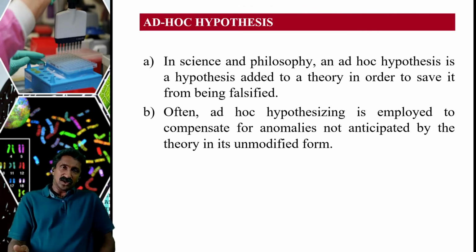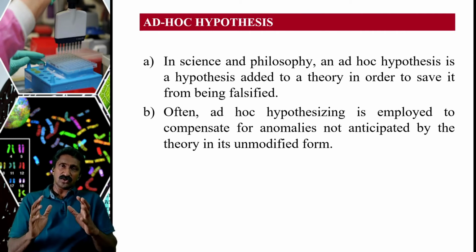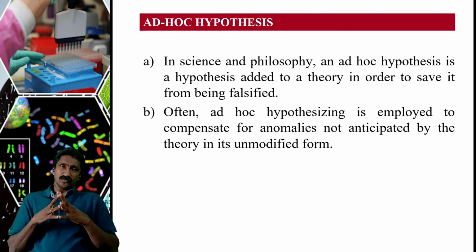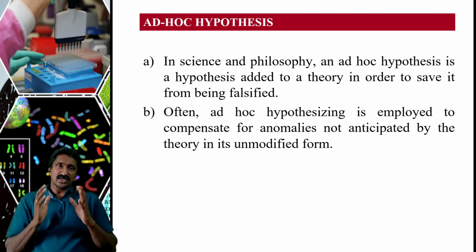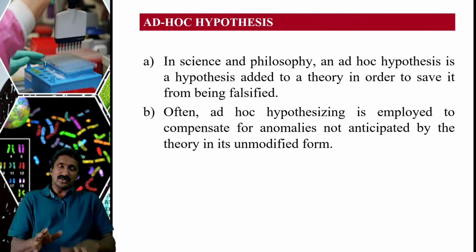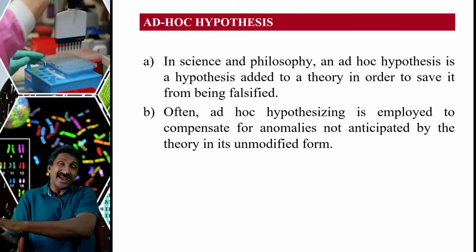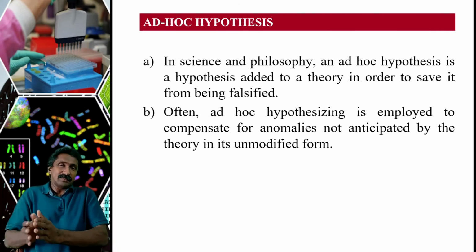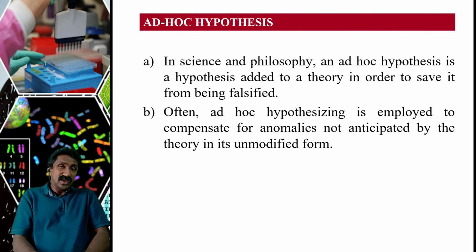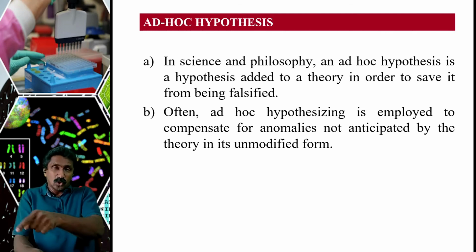Often ad hoc hypothesizing is employed to compensate for anomalies not anticipated in the theory in its unmodified form. So if there is a theory and there are some anomalies in it, to compensate for that, you can keep a rider there: this is the law or theory, and usually this should happen, but not in that condition.